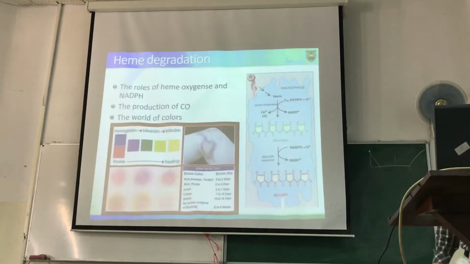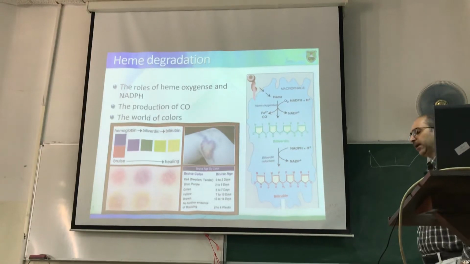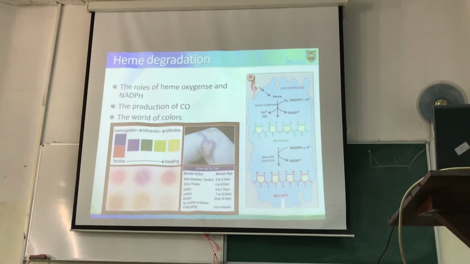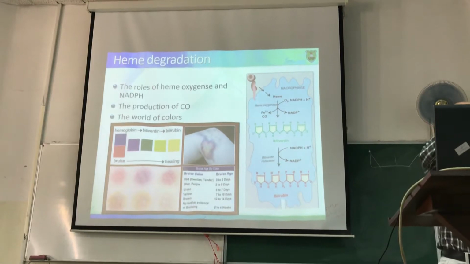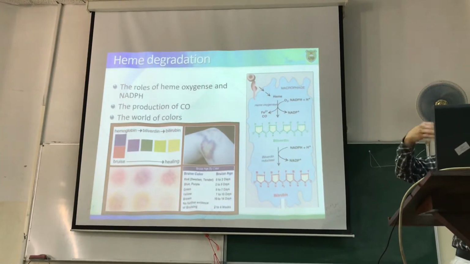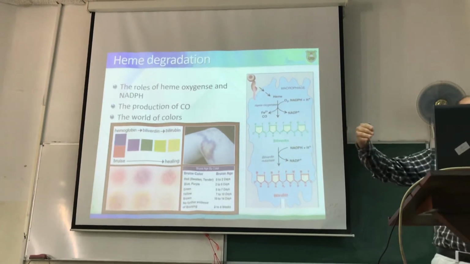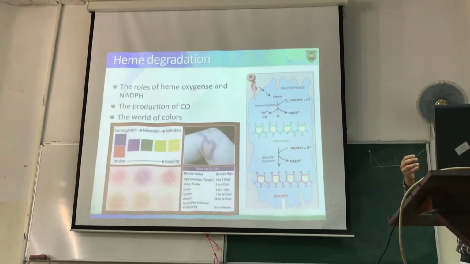So let's focus on degradation of heme. Now, the very first reaction is important because it's catalyzed by heme oxygenase, and the whole purpose of this reaction is to open up the ring, to have it linear. And in the next reactions, the whole idea is to make heme or the intermediate more hydrophilic so that it can be excreted.